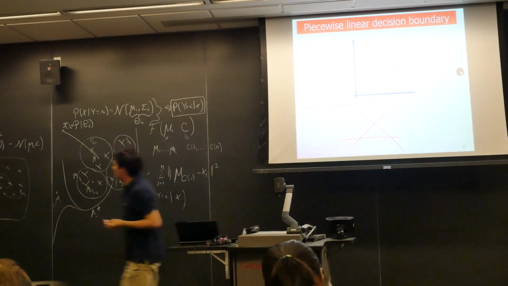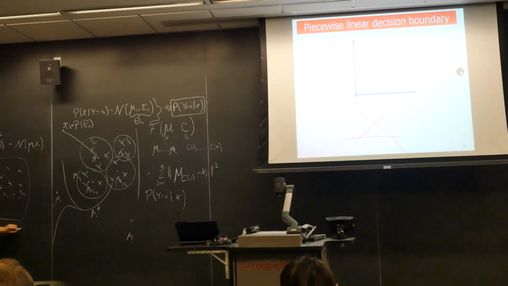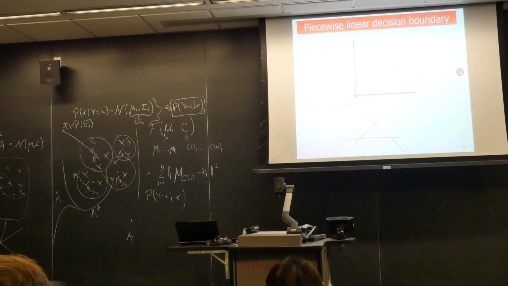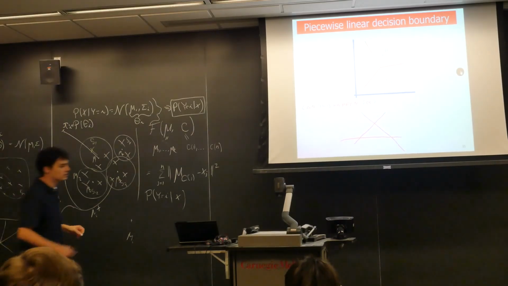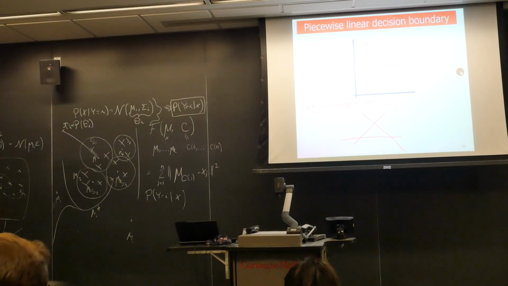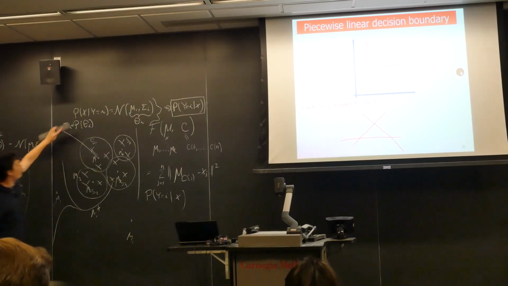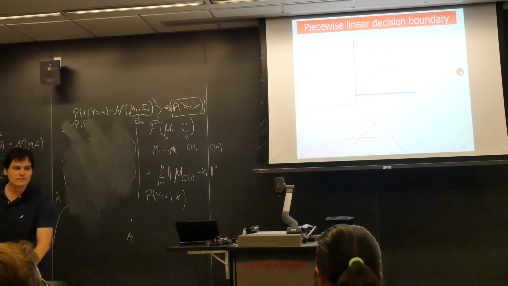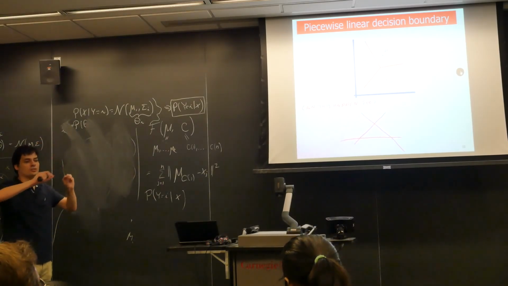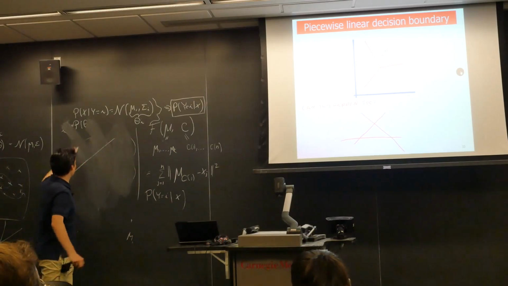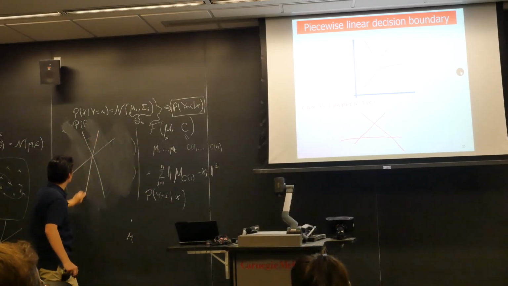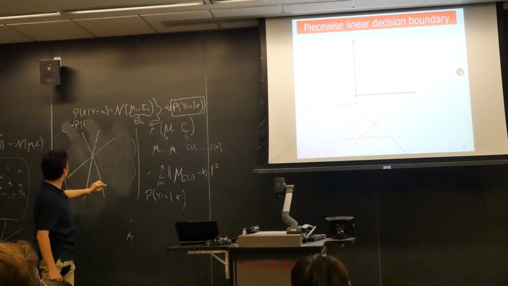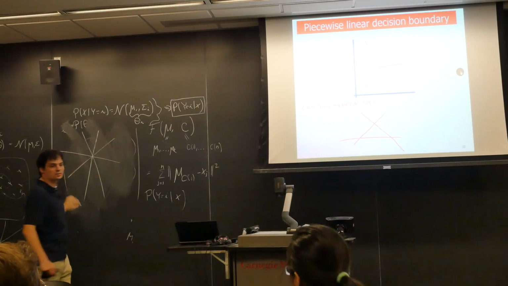Okay, so does it mean that the decision boundaries will always be like this? So if I have 4 clusters, sorry, you might not be able to see. I have 4 clusters, not 3. For 3, we saw that the decision boundaries cross each other in one point. If I have 4, will it look like this always?